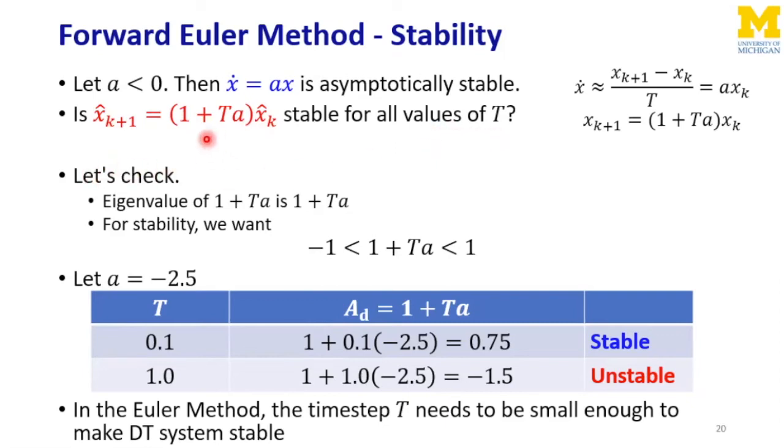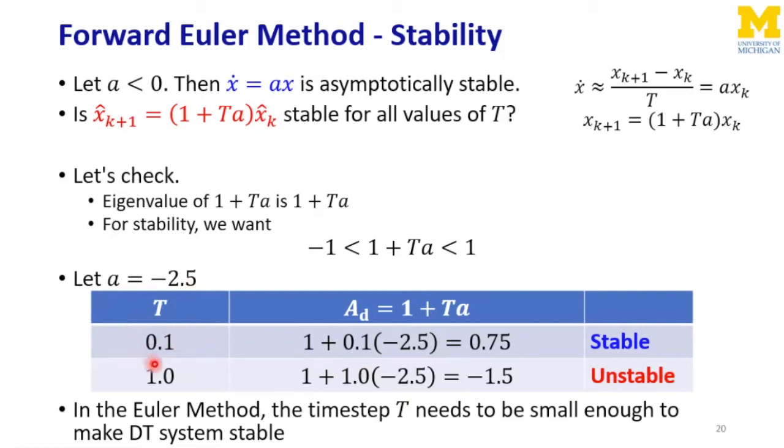Okay, let's check. The eigenvalue of 1 plus Ta is just 1 plus Ta. And if the discrete time system is stable, we want the eigenvalue to be between -1 and 1. Now, in this particular case, that is actually not true. To see that, let's just take a equals minus 2.5.